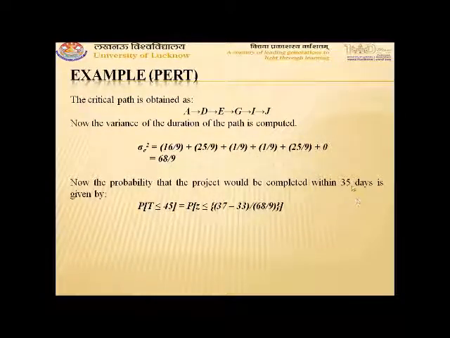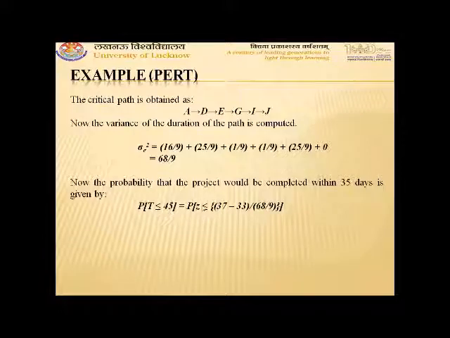It is 37. We have to compute the probability that the project will be completed in 37 days. The duration of the project comes out to be 33, that is TE is 33, TS is 37, and sigma E squared is 68 upon 9.